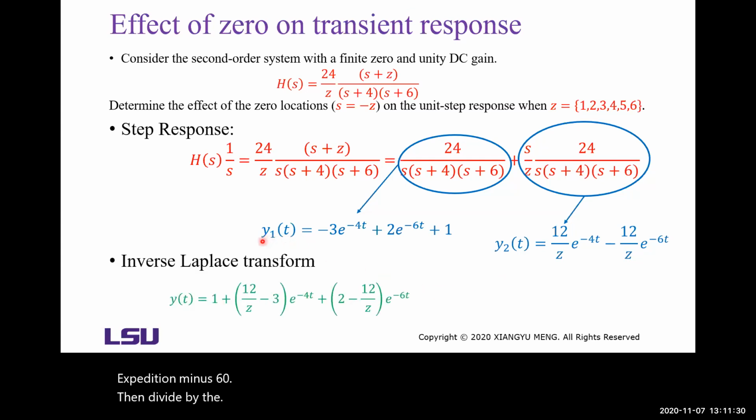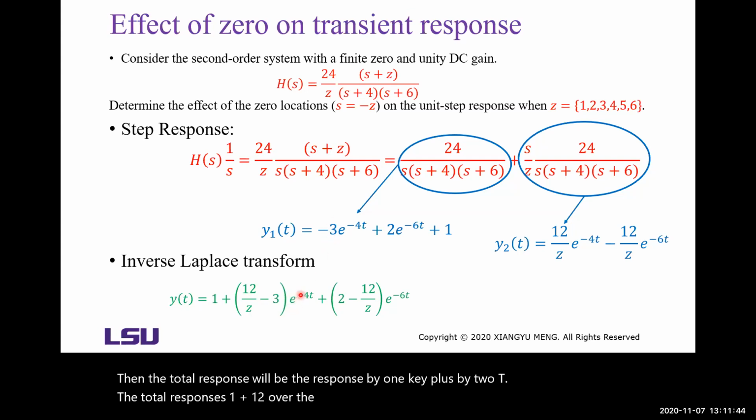The total response is y1(t) plus y2(t): 1 plus (12/z minus 3) exponential minus 4t, from the pole at minus 4, plus (2 minus 12/z) exponential minus 6t, from the pole at minus 6.